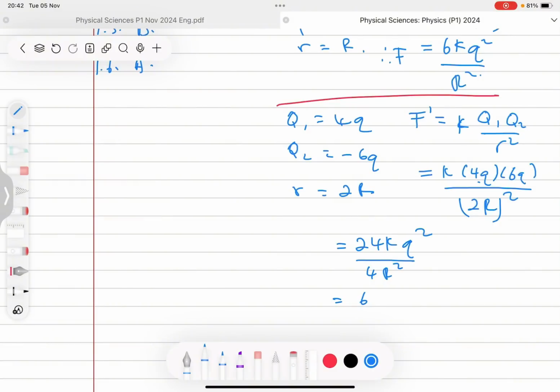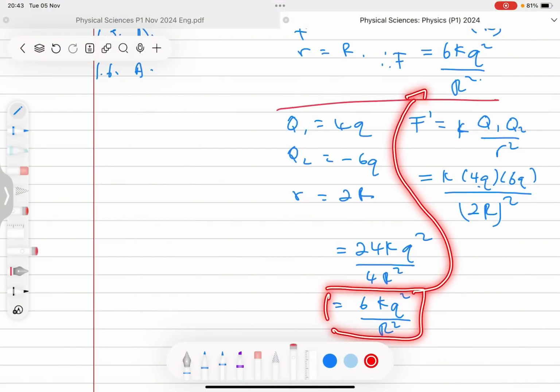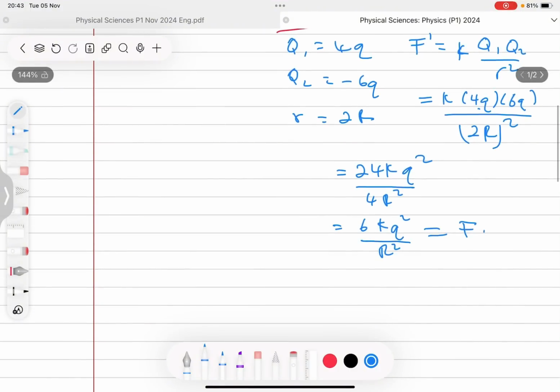I think you can use a calculator at this stage. You should be able to get a 6, and then we'll have KQ squared all over r squared. Now when I look at this, it hasn't changed a bit. It's still the same as the original, so we're still getting an F here. So this is equal to F. So what does this mean?